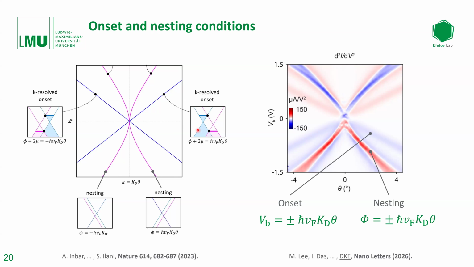These are the onset conditions. And the second, much more pronounced and much stronger tunneling feature are the nesting conditions. Those are conditions where it's not just one position of momentum that is matching, but a longer period over the momentum space that allows tunneling.